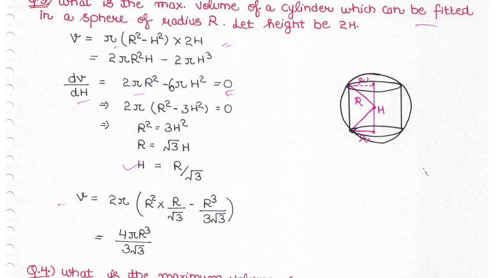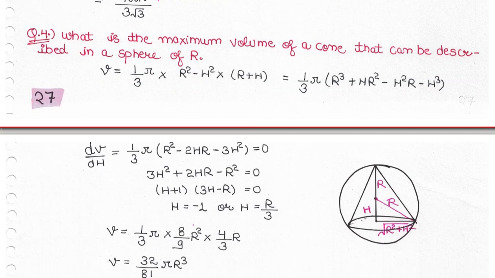Putting the value of H, we find V is equal to 4πR³ by 3√3. Now, what is the maximum volume of a cone that can be described in a sphere of radius r?